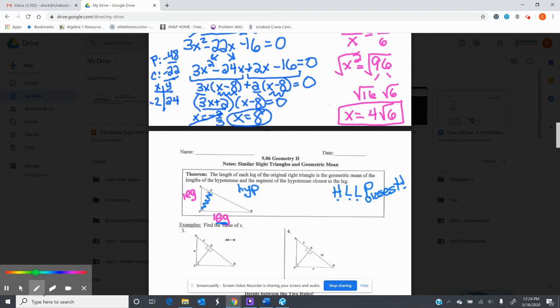And that hypotenuse, when the altitude is drawn in, is broken into two parts. So we use this top part here, that AD would be used when we're trying to find leg AC, or we're given a measure of leg AC. And the other part, DB, would be used when we're trying to find leg CB.